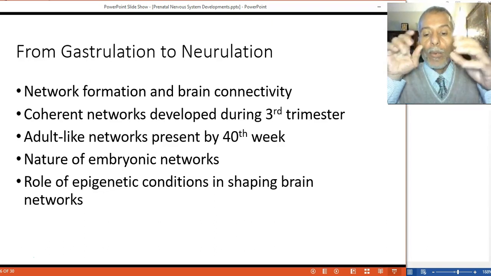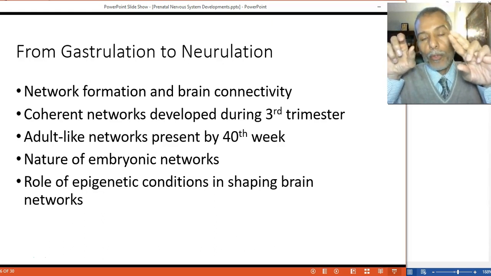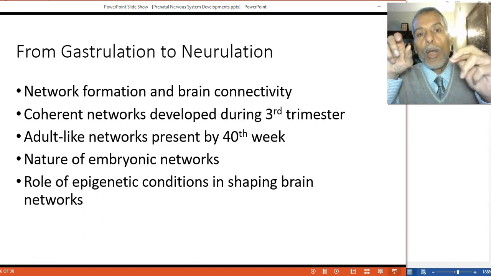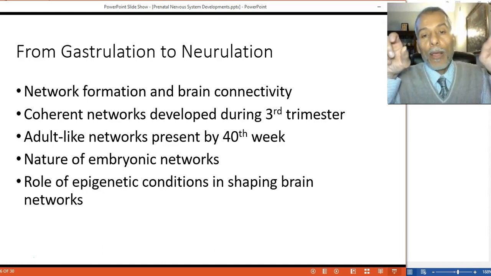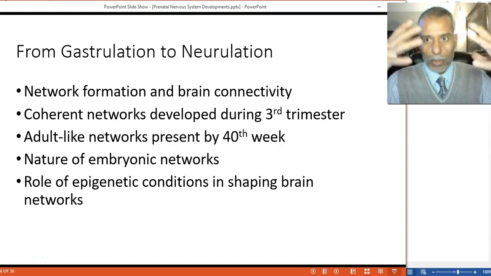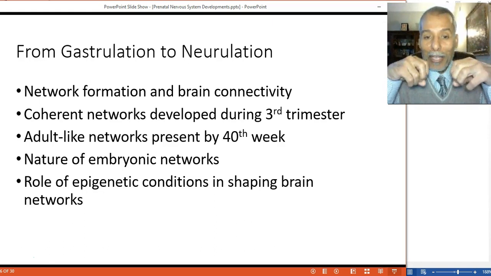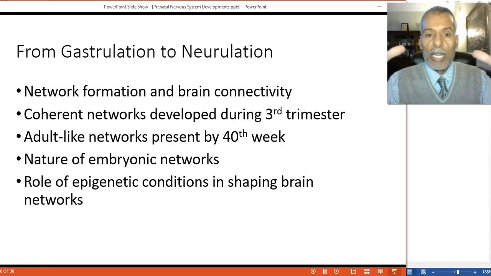And the fact that 2/3 of the brain grows outside of the womb means that the environment is going to shape it. Most of that development, the increase in weight and all of this, is not by adding new cells. No, it is by making more connections.